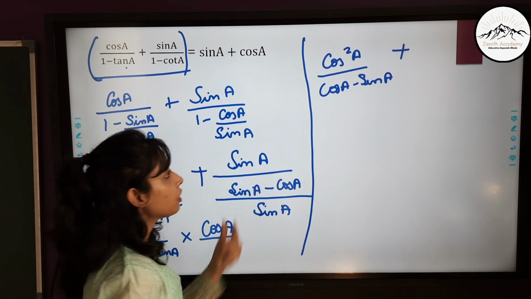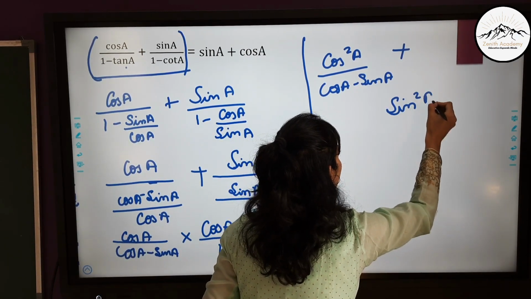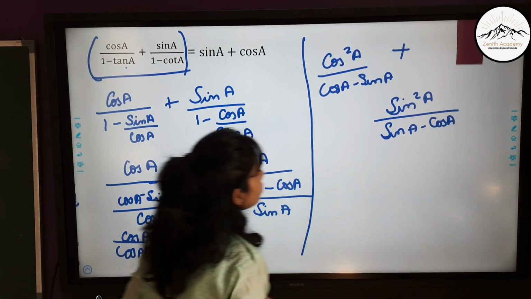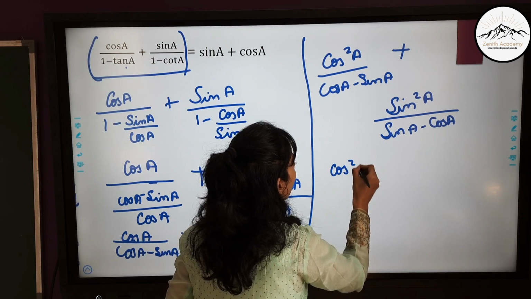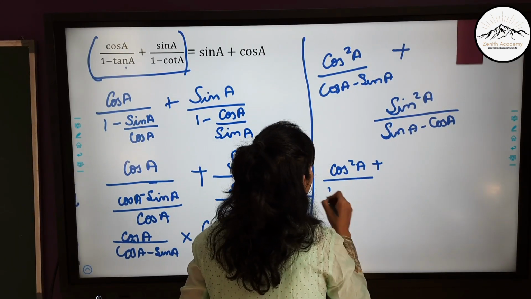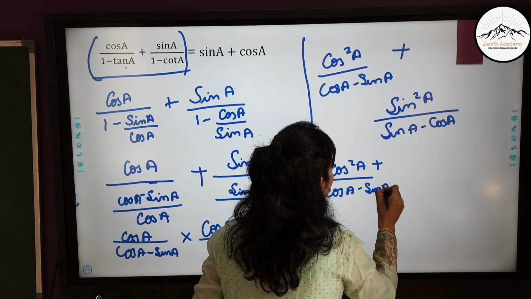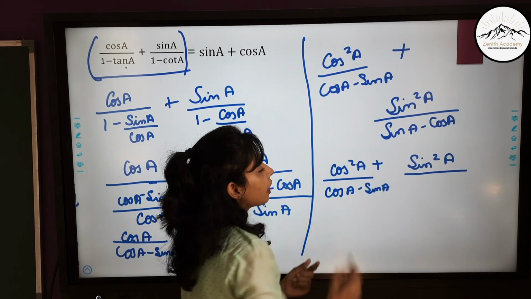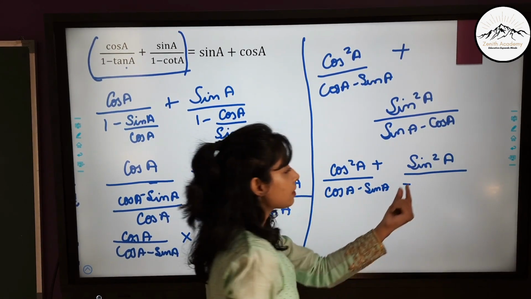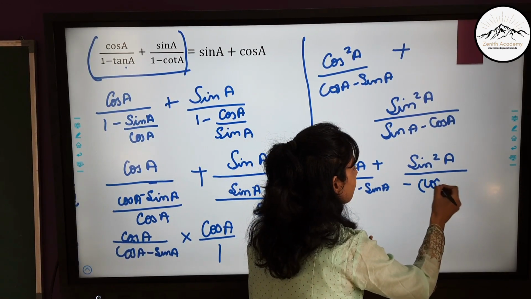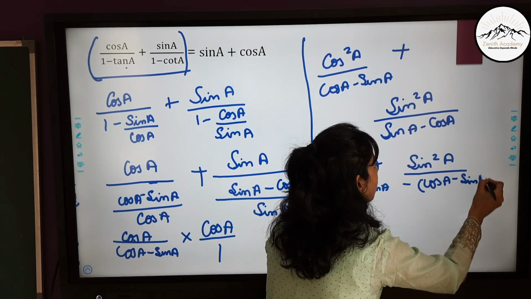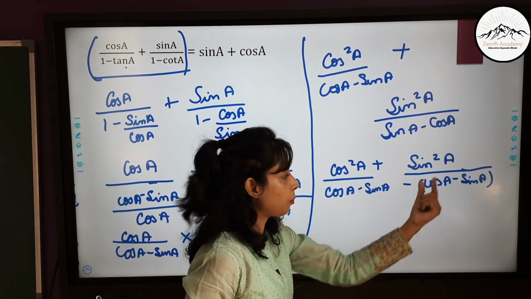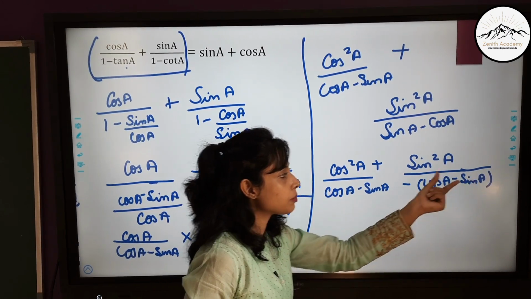Now in the same way, sin A will go to the numerator, so sin square A upon sin A minus cos A. So now what we have is cos square A upon cos A minus sin A plus sin square A upon sin A minus cos A. Now I take minus common here and write this as minus of cos A minus sin A. When the bracket opens, minus minus plus becomes plus sin A and minus cos A.